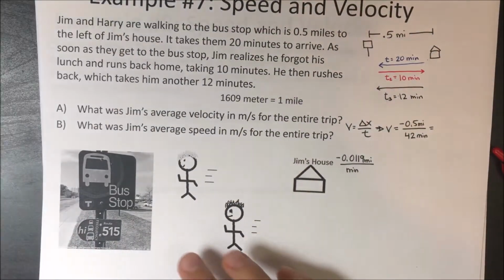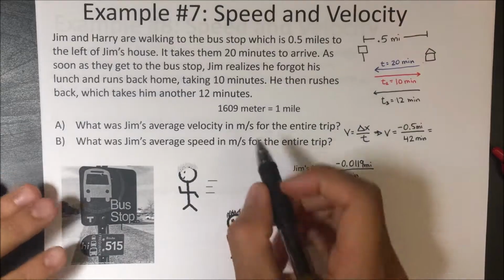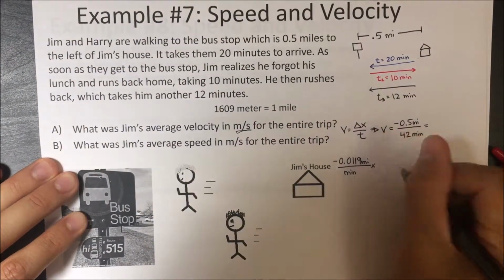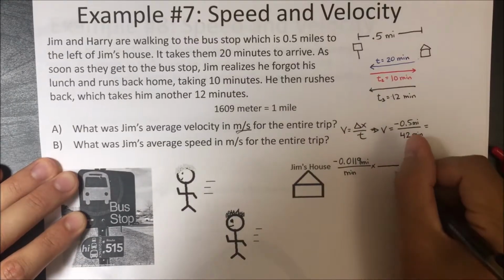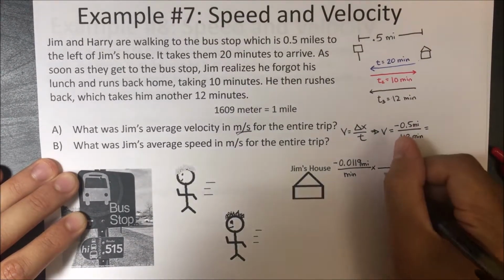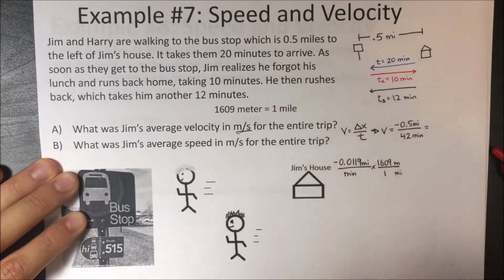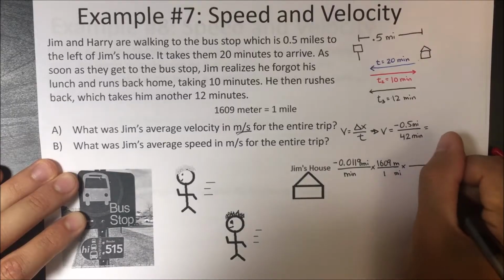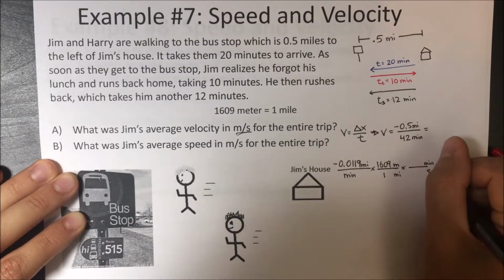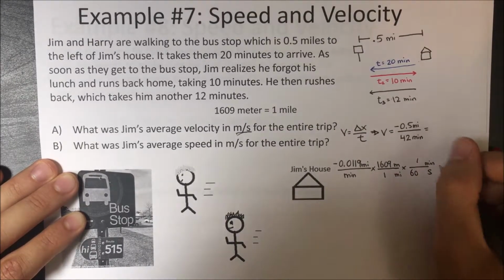But we want to change this into meters per second because that's what it asks for. So we have to get rid of miles and put it into meters. We know 1 mile is equal to 1609 meters. And we have to get rid of minute and put it into seconds. And we know 1 minute is equal to 60 seconds.